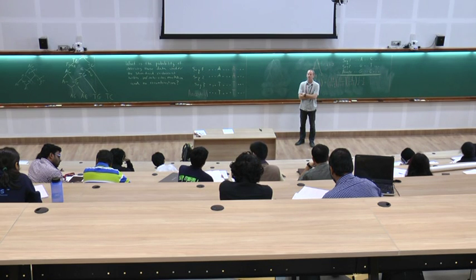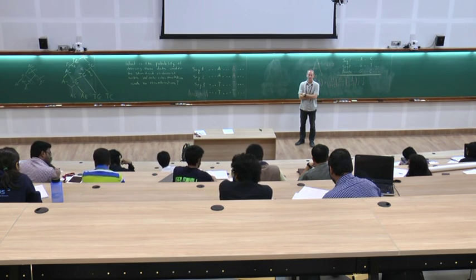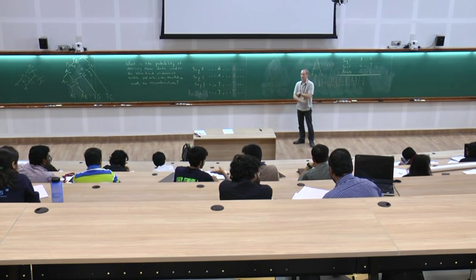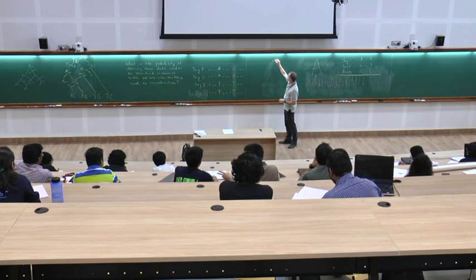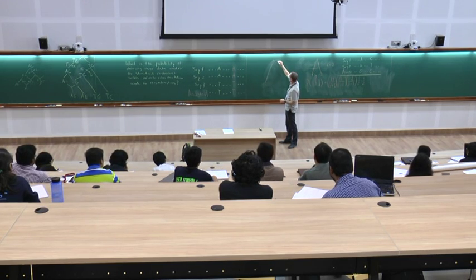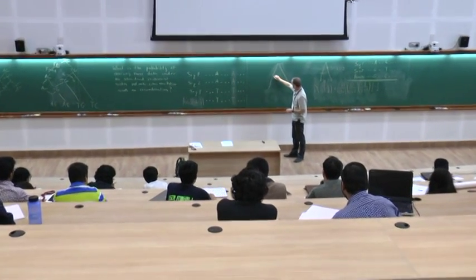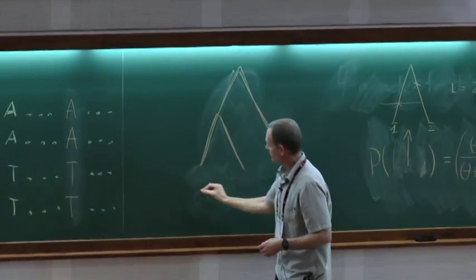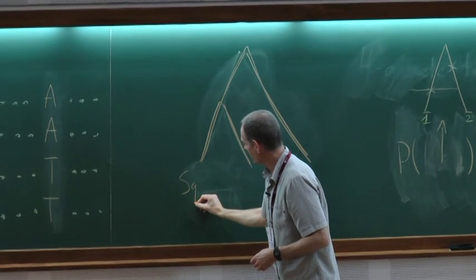What would the tree need to look like, the gene genealogy? With 3 sequences, there's only really one shaped tree, right? And what sequences would need to be over here?